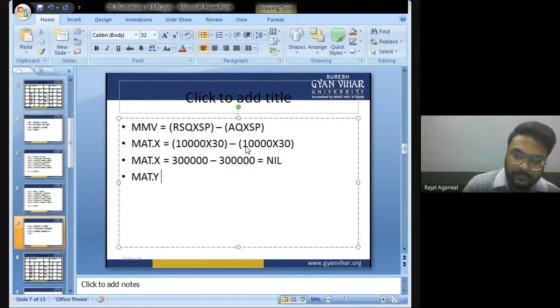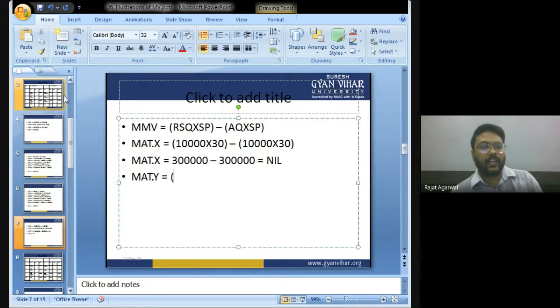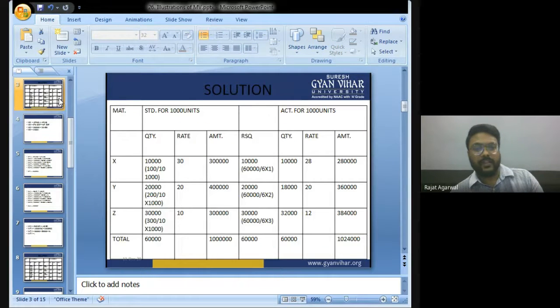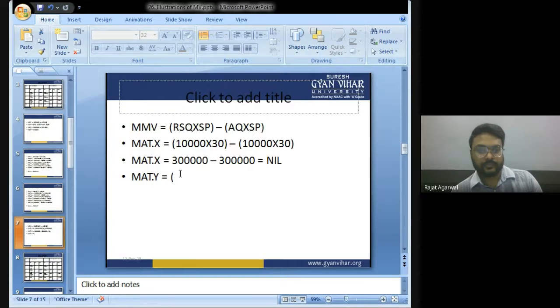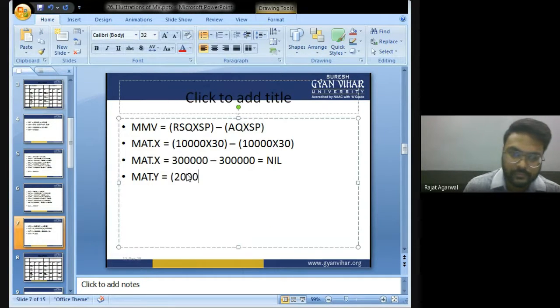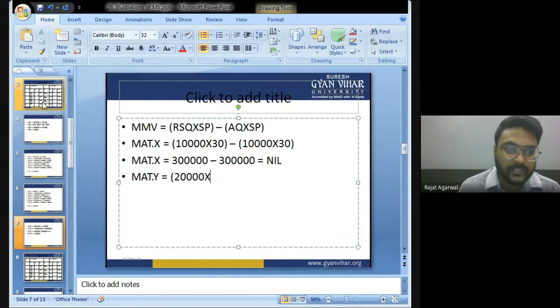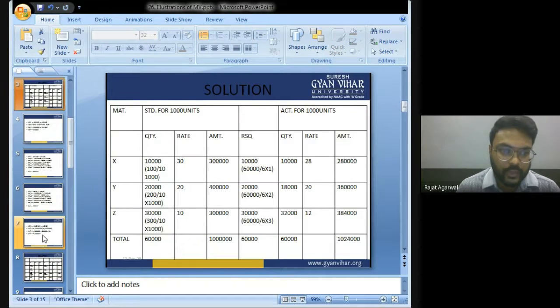Material Y. Revised standard quantity of Y is 20,000, standard price of Y is 20.